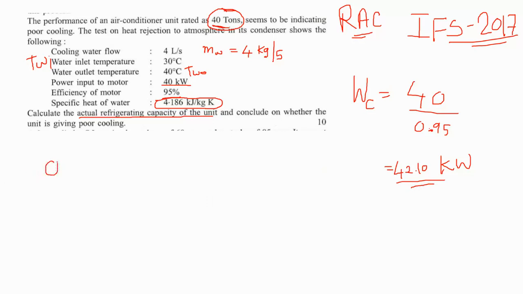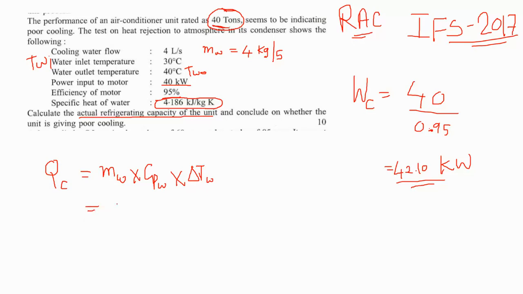Now how much heat is rejected in the condenser, and all that heat that is rejected is absorbed by the cooling water. So we know that the heat absorbed by cooling water is m cp delta T: mass of water, cp of water, and delta T of water. That means water temperature outlet minus water temperature at inlet.